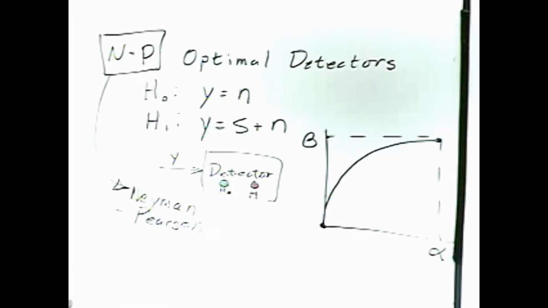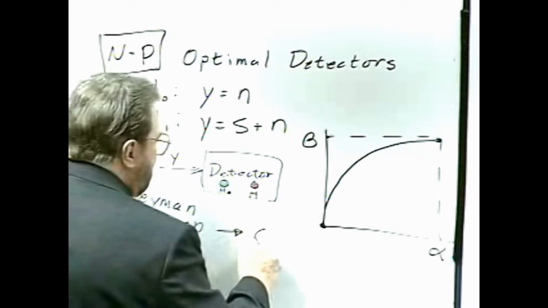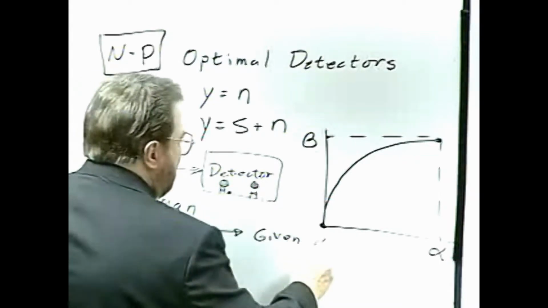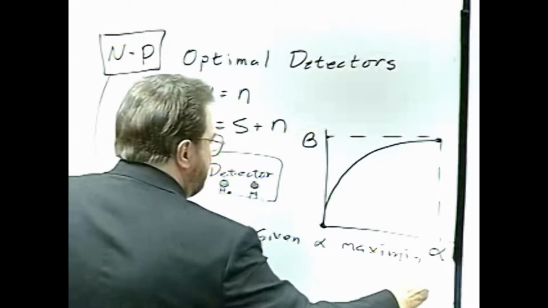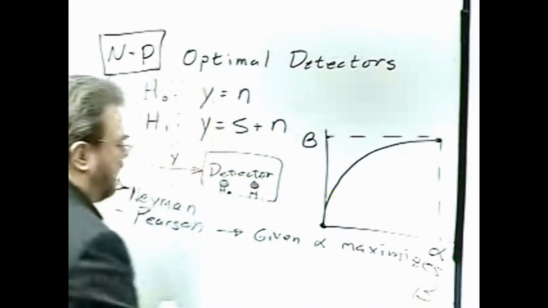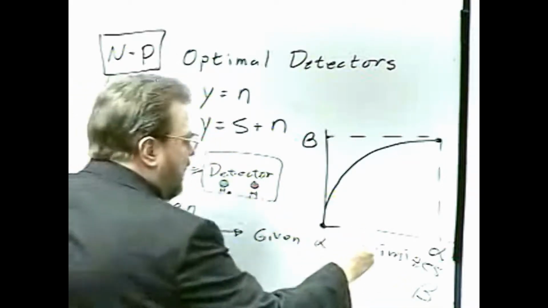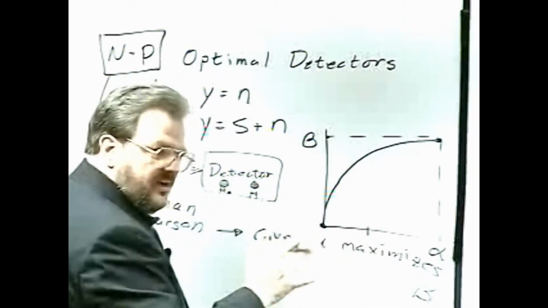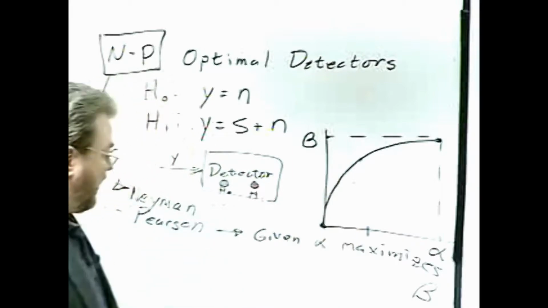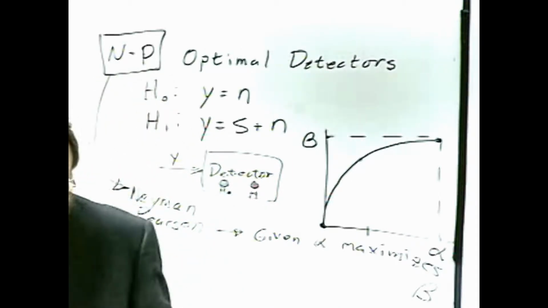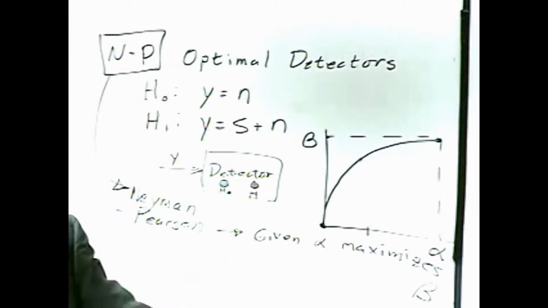For a given alpha, it maximizes beta. So if you give me an alpha, and I use this Neyman-Pearson detector, then I will maximize beta. If I have a Neyman-Pearson optimal detector, it's the best I can do. I can't do any better, no matter what you do.